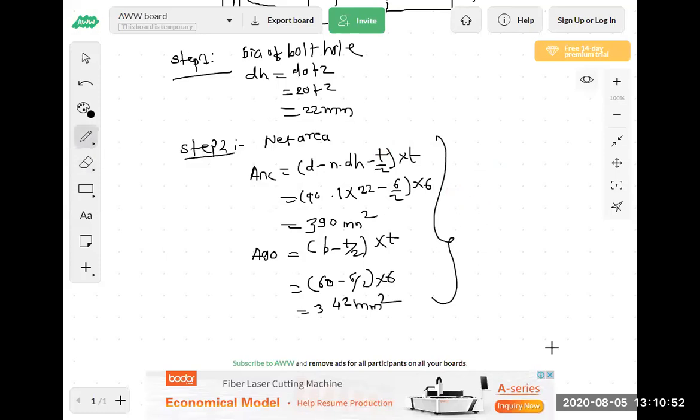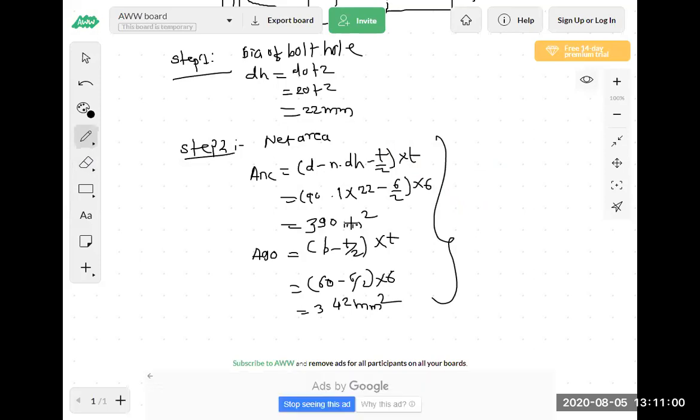Okay. Step number 2 and step number 5. Step number 2 is to calculate the net area. By using the first way, to calculate net area is ANC and AGO.